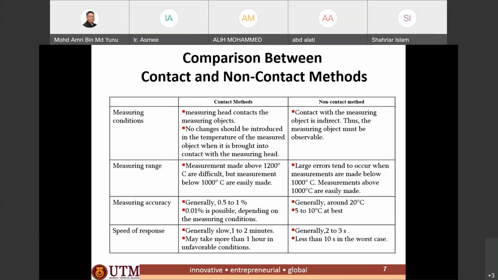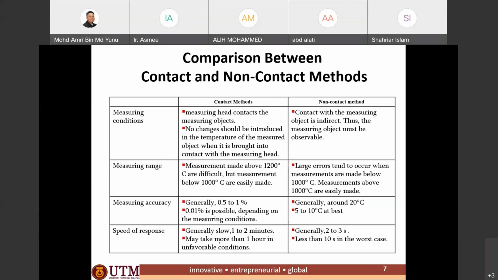For non-contact, it is generally very fast because it is based on radiation emitted by the object, thermal radiation. Thermal radiation travels across the room, the space, which basically travels at the speed of light.